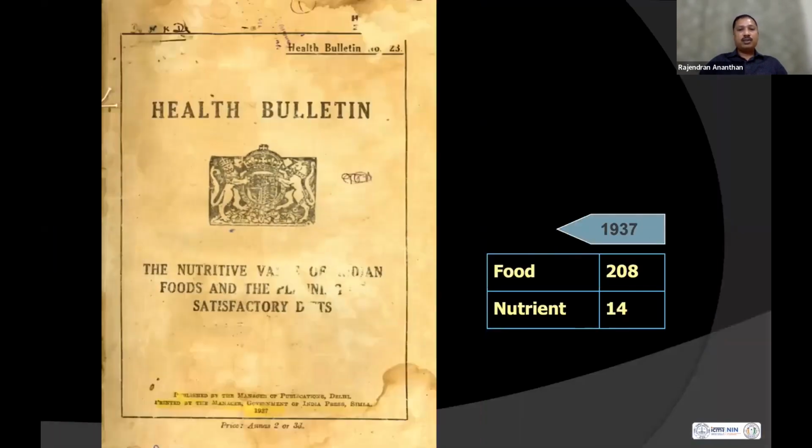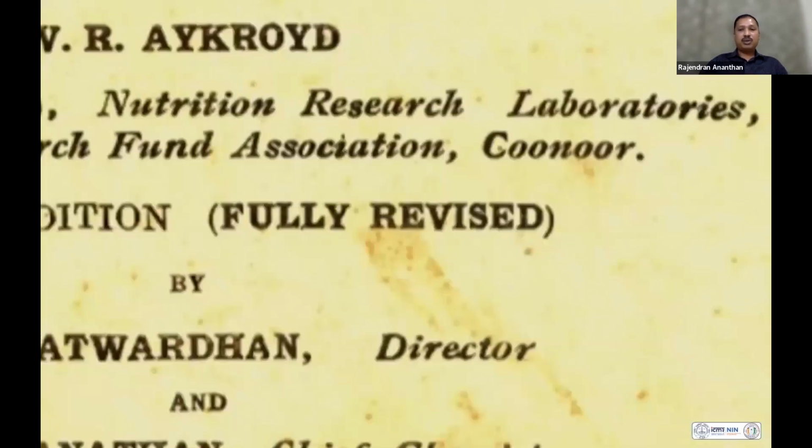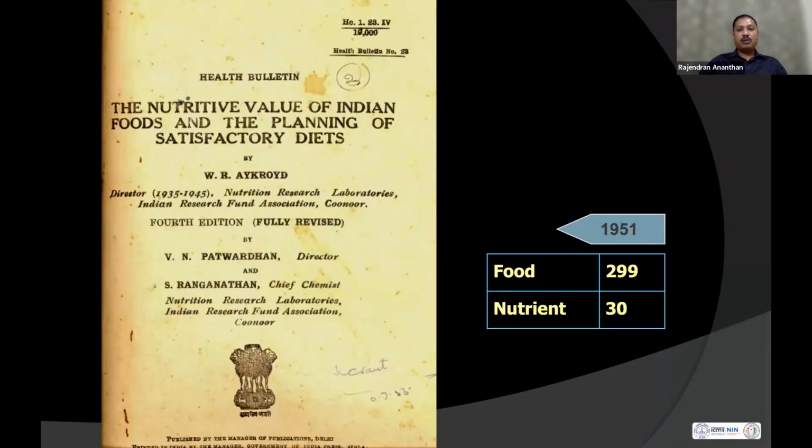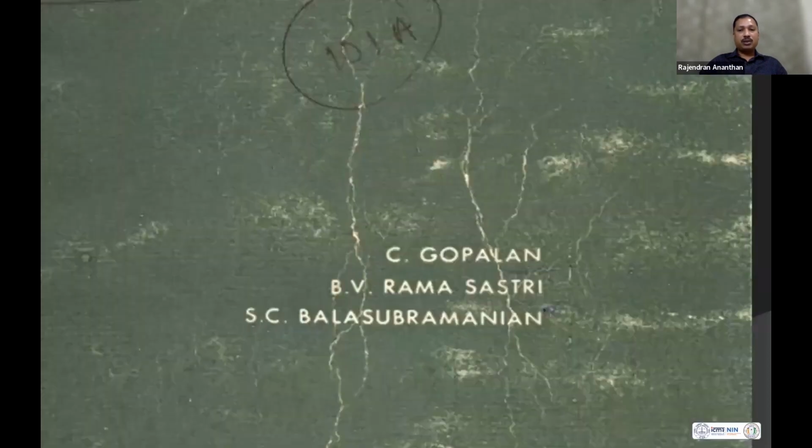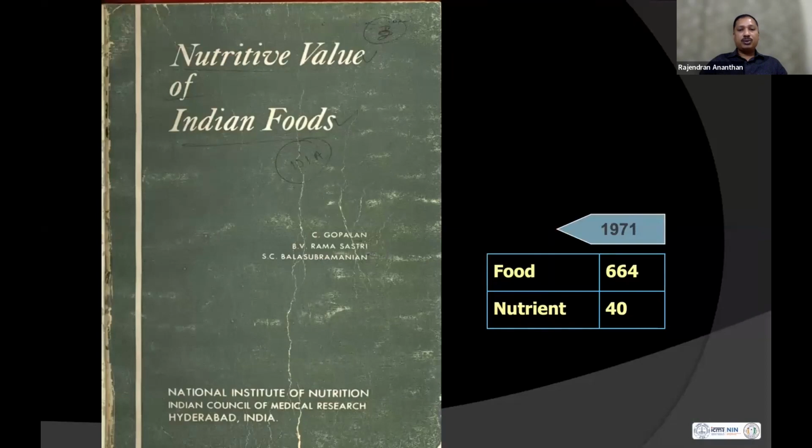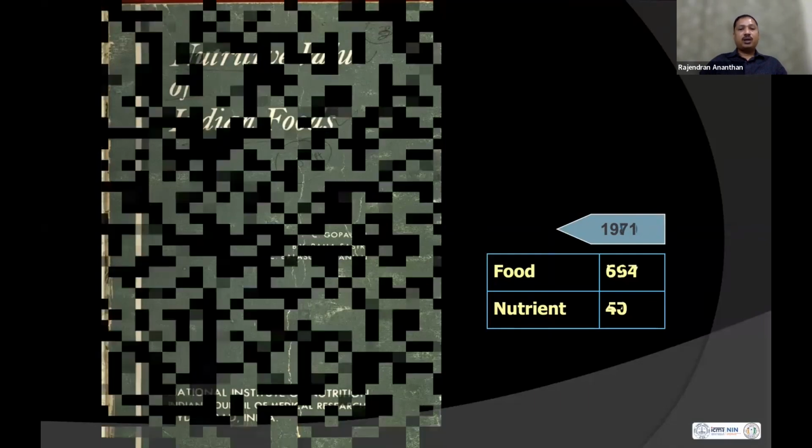This is the first one we developed, a health bulletin, Nutritive Value of Indian Foods and the Planning of Satisfactory Diets, in 1937, with 208 foods containing 14 nutrients. Subsequently in 1951 there were 229 foods with 30 nutrients, and the third revision in 1971 had 664 foods with 440 nutrients.